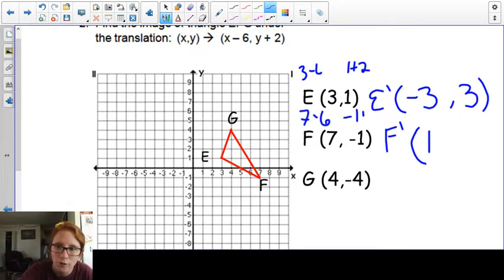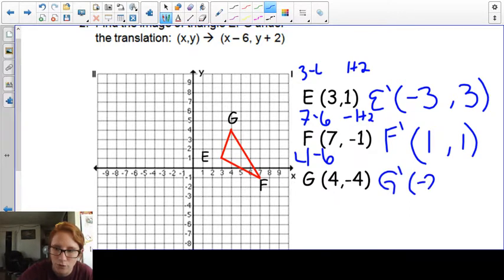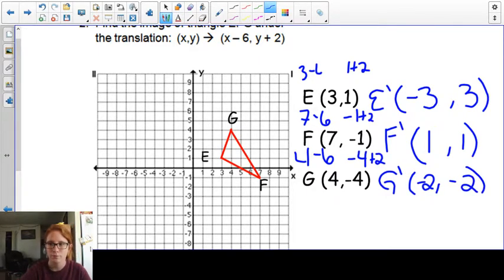And negative 1 plus 2, which is positive 1. Then I have 4 minus 6, which gives me negative 2. And then I have negative 4 plus 2, which is a negative 2. So some pretty nice points that I'm getting here.